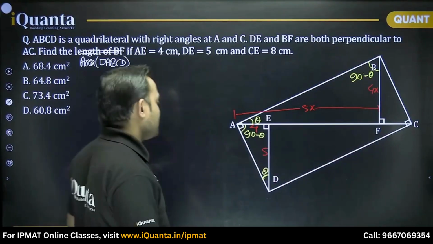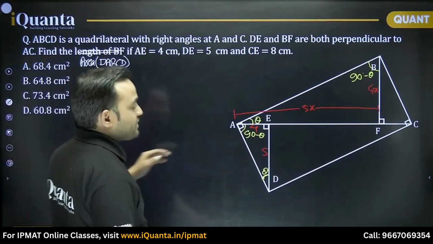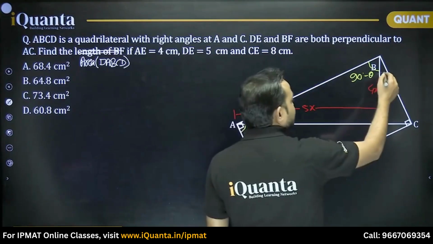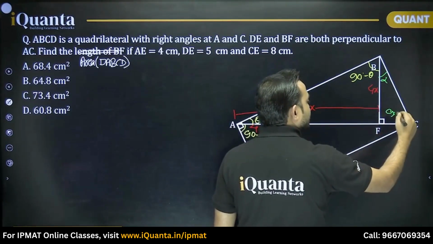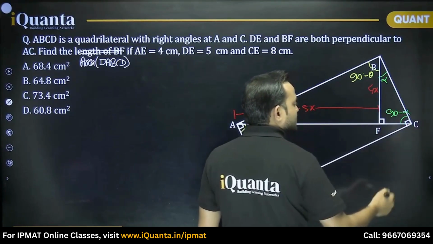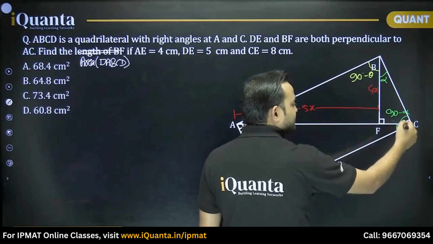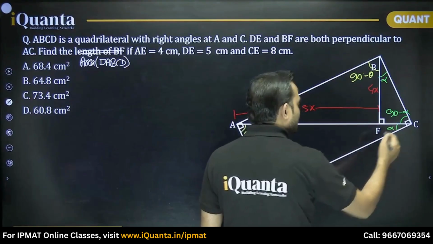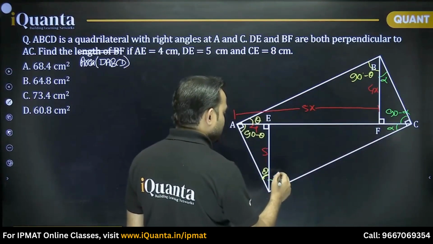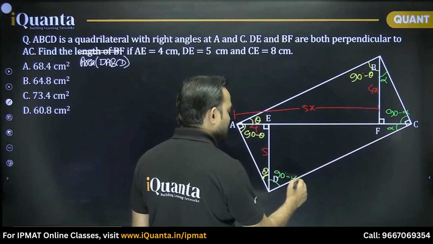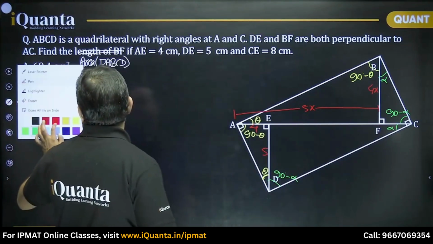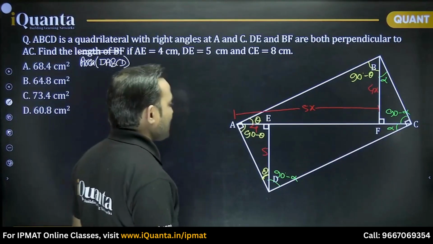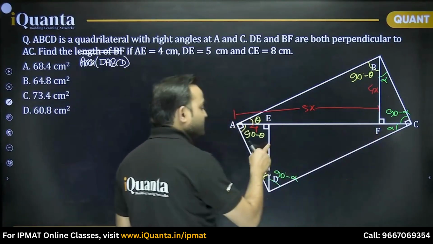Okay, now similarly in the rest of the two triangles, if I take this angle as alpha, this angle will become 90 degree minus alpha, and so angle C is 90 degrees, so this will become alpha and this will become 90 degree minus alpha. Now check again, the side length opposite to alpha is 5 here.